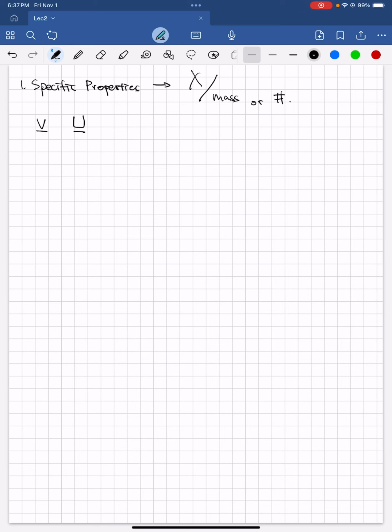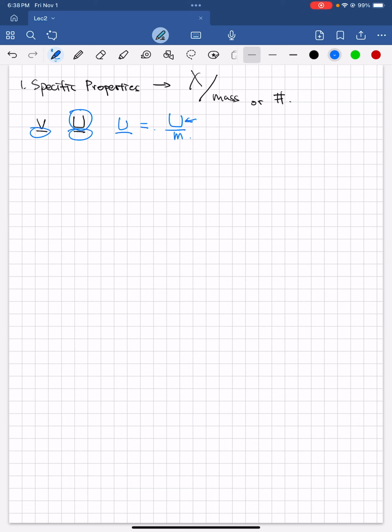So, you add this bar, under bar, to certain properties, and it will be U. So, you can call it either specific property or molar property.